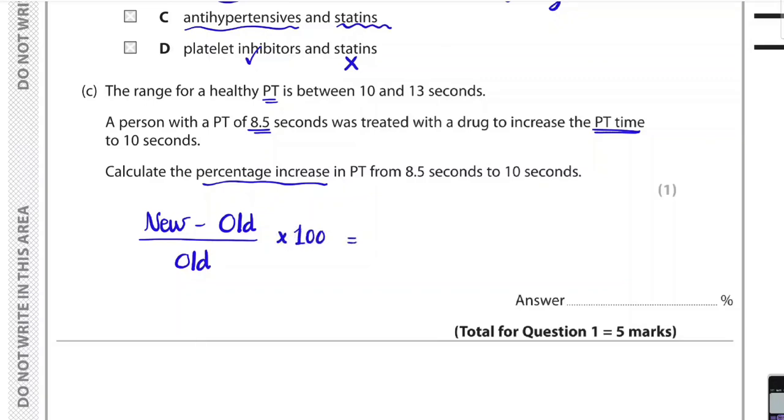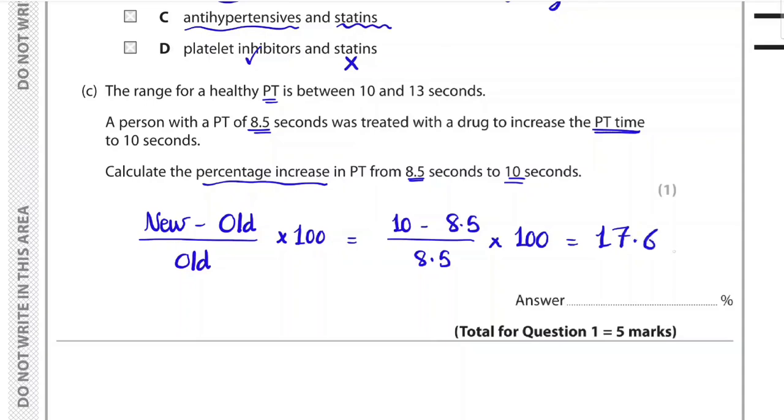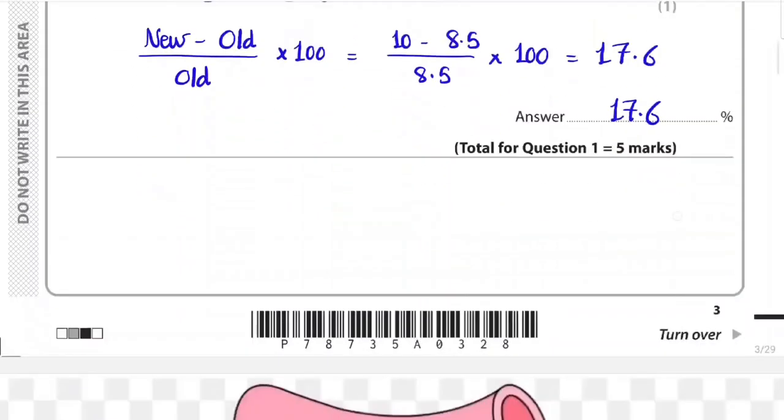It changed from 8.5 to 10. So the new value is 10 minus 8.5 divided by the old value, which was 8.5, all multiplied by 100, which is gonna be 17.6. So just write your answer here, and let's move to the next question.